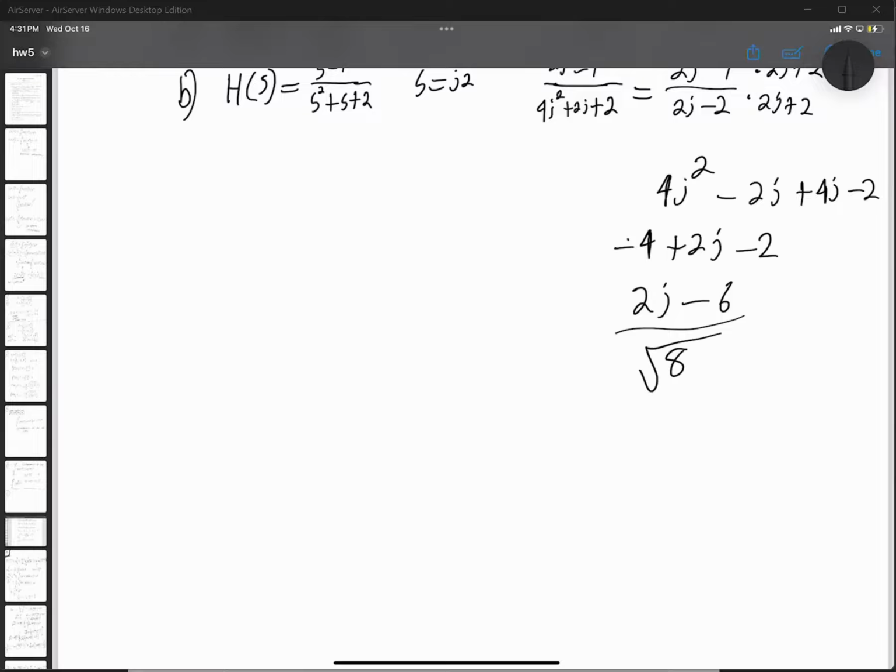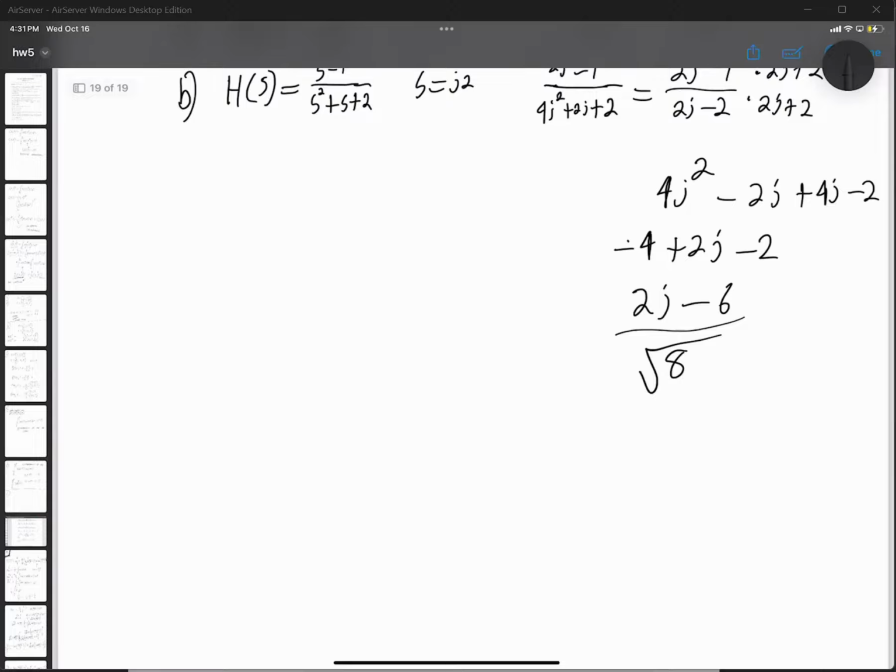We'll square root that, just because we're grabbing the magnitude. And then we're going to fix the top here. 2j root 8 minus 6 over root 8.